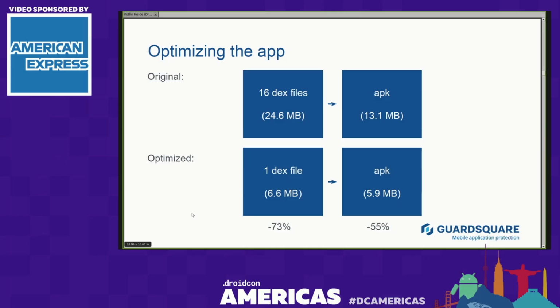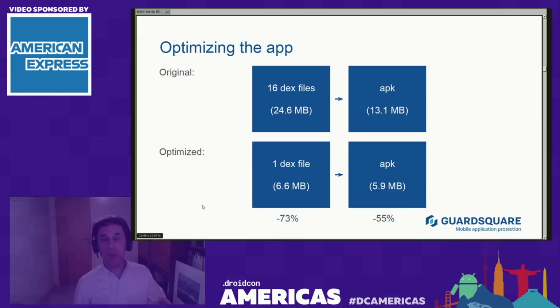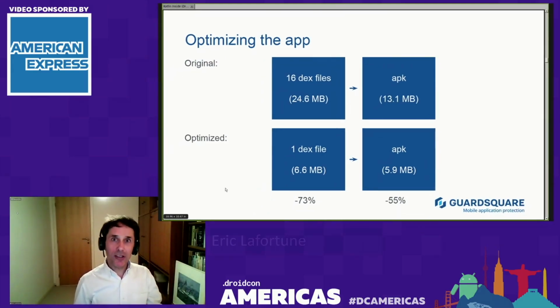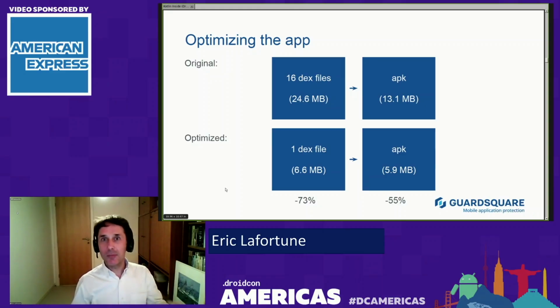Now, of course, not all of this is due to Kotlin being used here. This is mostly because this application contains a lot of libraries, but the application doesn't use all of the functionality that is present in these libraries. It's probably not using many classes or fields or methods in those classes. And ProGuard and R8 will analyze your code, identify those classes, fields, and methods, and simply remove them to get this smaller bytecode.